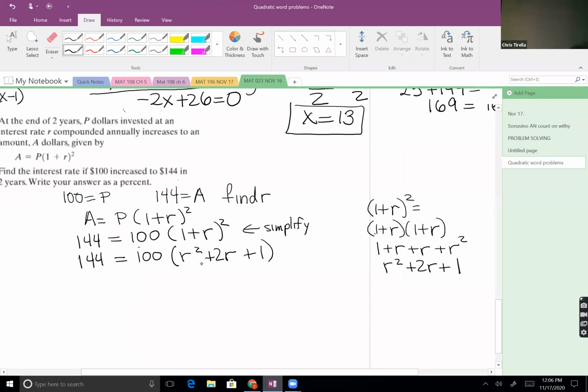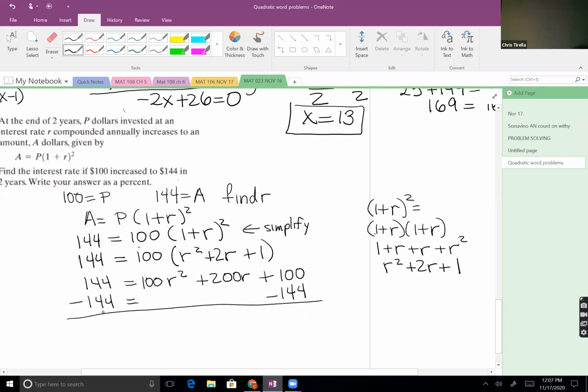I think now we have to distribute. 144 equals 100 R squared plus 200 R plus 100. I'll subtract that 144 from both sides, because since we have an exponent, we need to make one side 0.